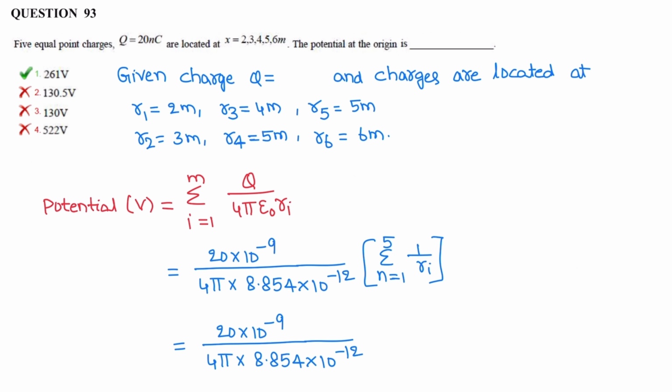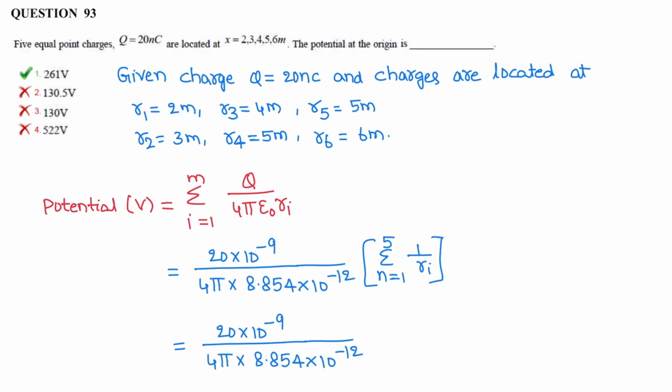Question number 93. Five equal point charges having a charge 20 nanocoulombs. Given charge is 20 nanocoulombs and the charges are located at a distance of 2 meter, 3 meter, 4 meter, 5 meter and 6 meter. The potential at the origin is, we know that potential V is equal to sigma i is equal to 1 to n number of charges, q divided by 4 pi epsilon naught Ri.